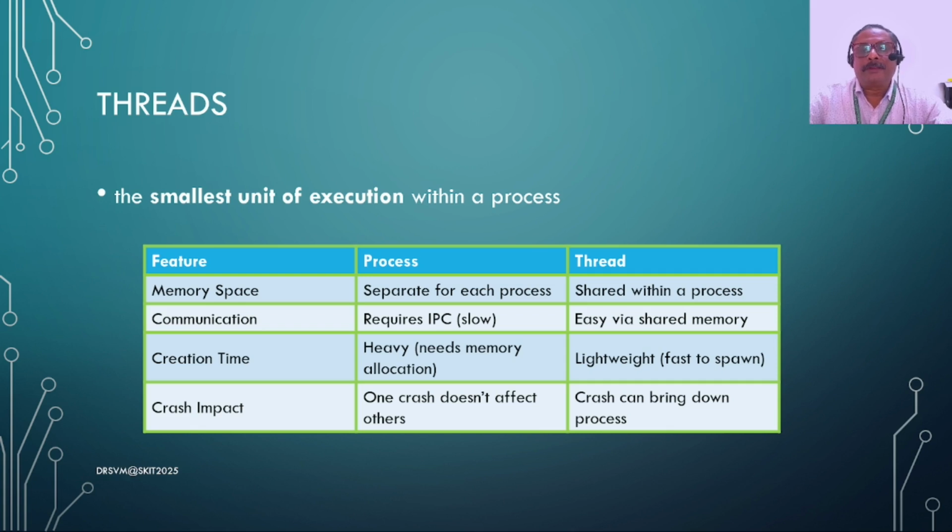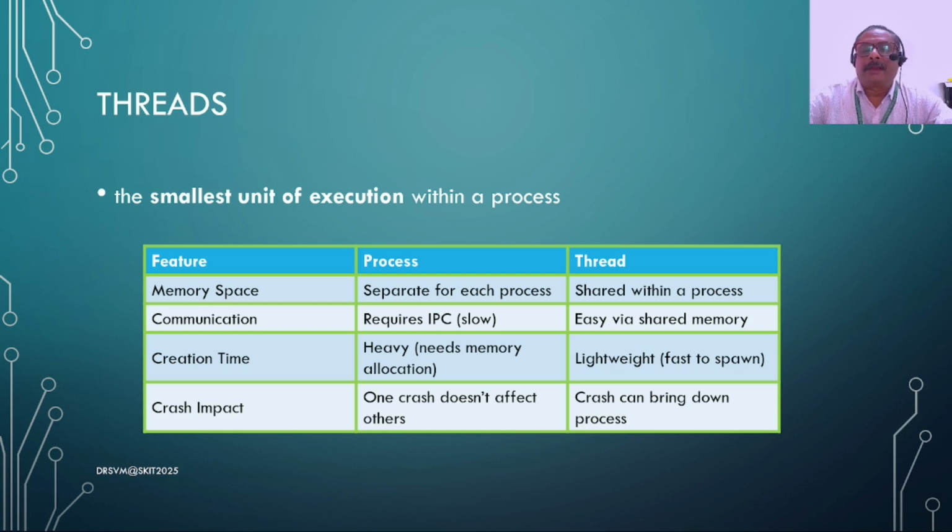It has to find all that out, reserve the memory, and then load the code from the secondary memory down to the primary memory at the allocated place. So it is a heavy duty activity, whereas a thread is lightweight. When we are creating a thread, we are not copying anything from the secondary memory, because the whole process is already in the main memory. Only light changes are required.